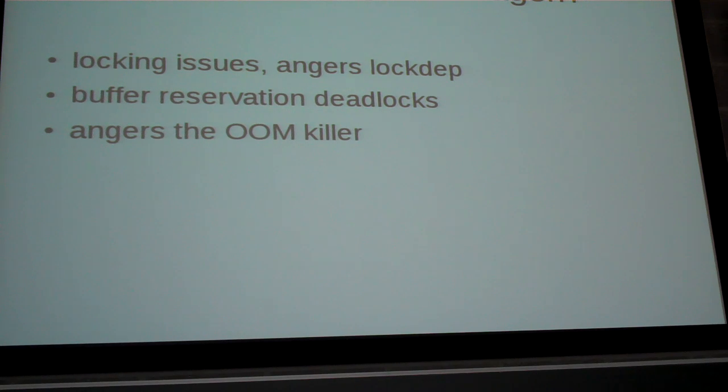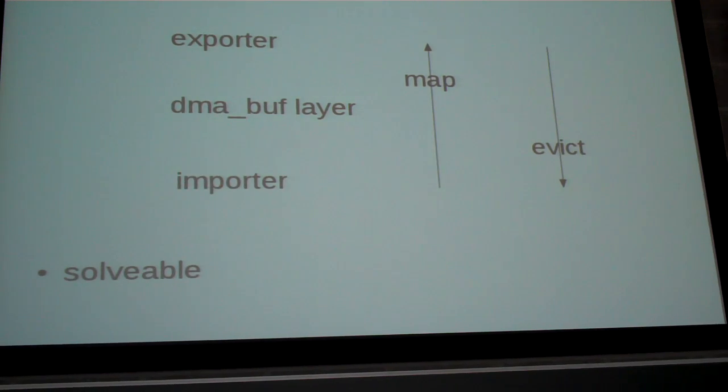So let's look at the locking issues first. The basic problem is, usually if you map stuff, you come from the importer, go through the dma-buf layer and get to the exporter, and everyone in there grabs some locks. Now for eviction support we have to go the other way, and that usually results in deadlocks.